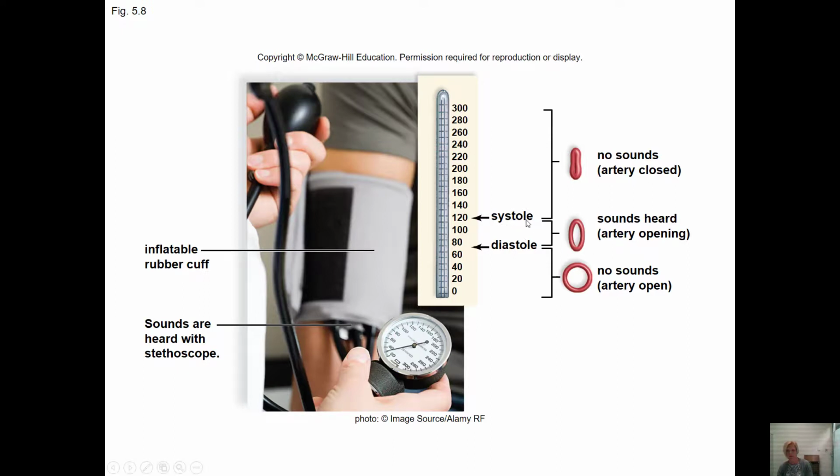We call that the systolic blood pressure. And then when that tapping sound goes away, we can assume the blood is flowing freely through the vessel as the heart is relaxing. That's called diastole. So systole is a measurement of pressure when the heart is contracting, and diastole is a measurement of pressure in the vessel when the heart is relaxing.